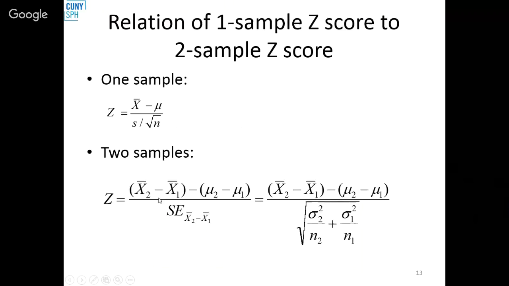It's something similar with two samples, except that on the numerator, we have the difference in sample means minus the difference in population means under that null hypothesis, divided by this pooled standard error, or the standard error on the differences in the sample means, which under this pooled standard error is just a weighted average of the standard deviations or the variances from the two samples.